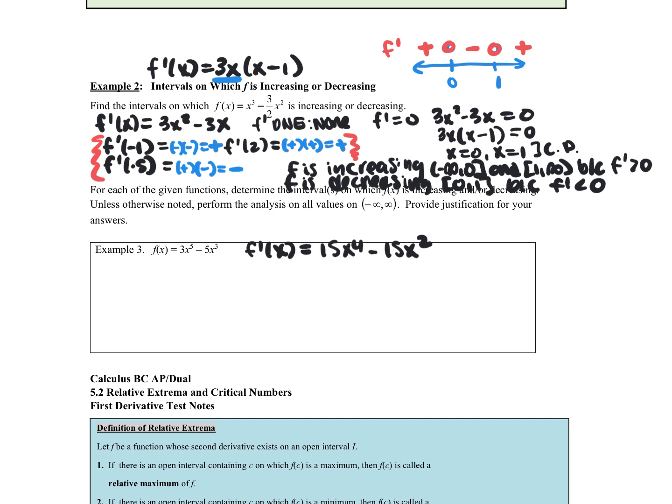To find the critical points, we'll look where it's 0 or does not exist. Here, there's nowhere this does not exist, right? This is a nice polynomial. So we're just going to be looking for where it's equal to 0. Usually that means factoring. So we'll factor out a 15x squared here, and that will leave us with x squared minus 1.